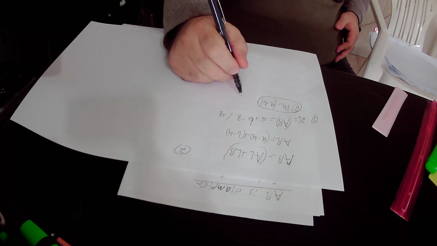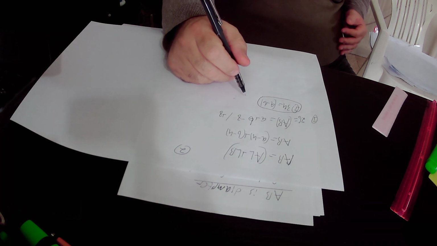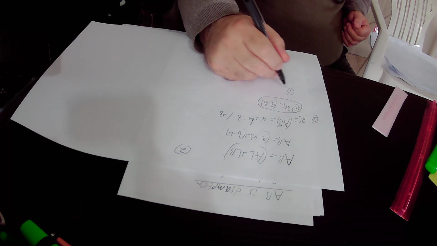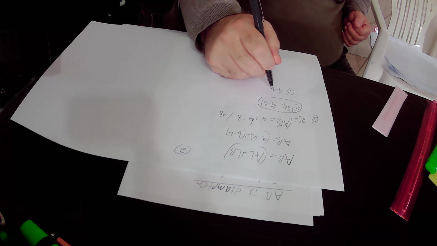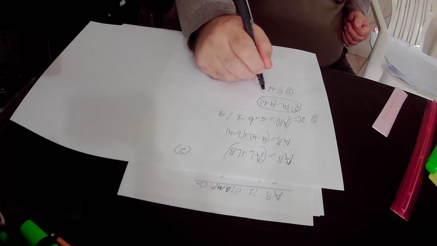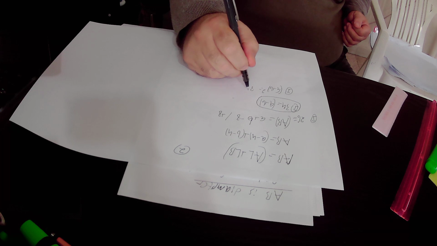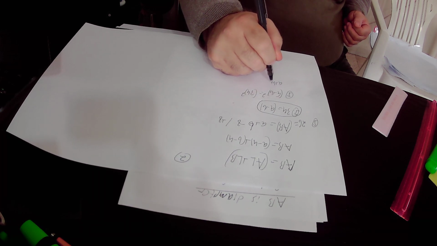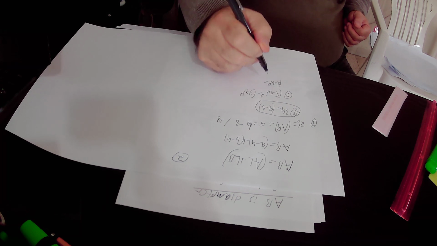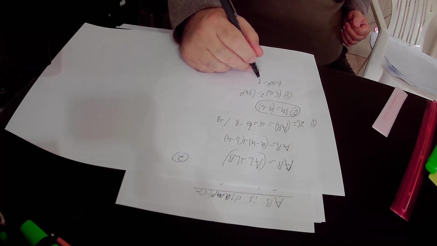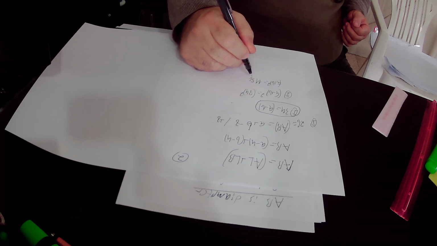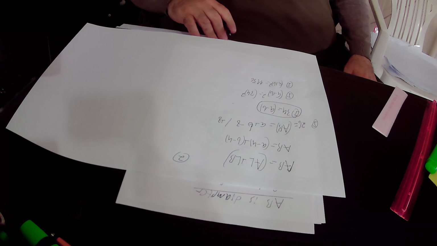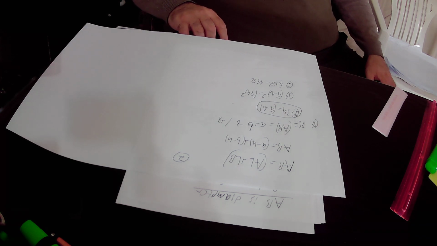Here we will square equation number 1. According to equation number 1, we get that A plus B squared equals 34 squared, which is 1156. So we found out that A plus B squared equals 1156.